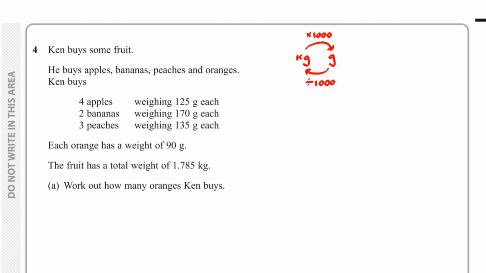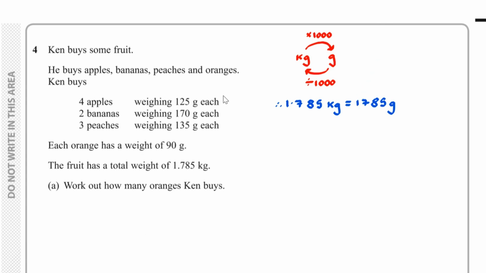And so therefore 1.785, if I multiply that by 1000, we would get 1785 grams. So this is the total weight of all the fruit.